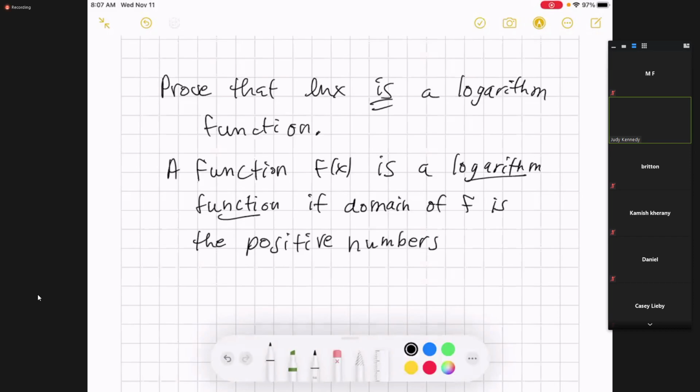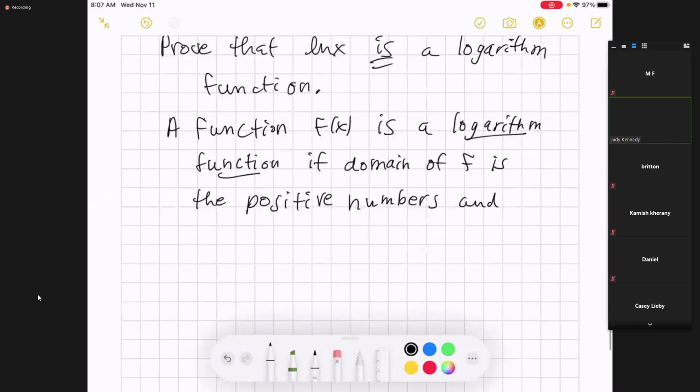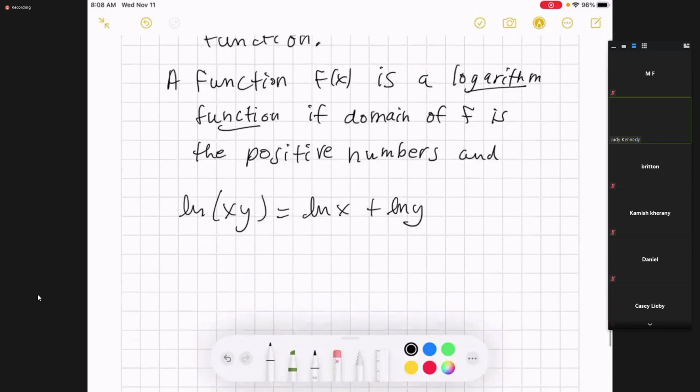We do have that the domain is the set of all positive numbers, and some algebraic properties hold. Ln of x times y is ln of x plus ln of y.